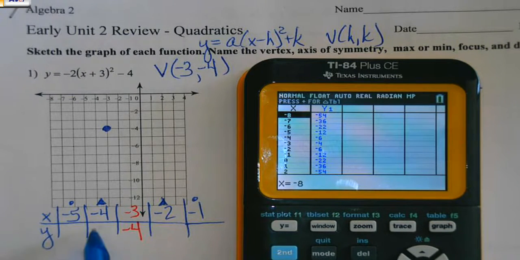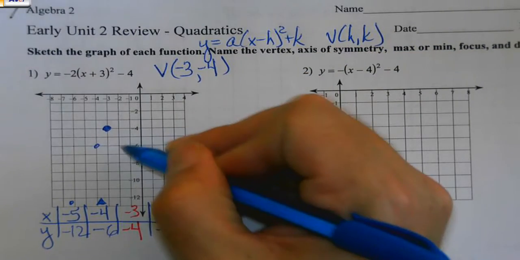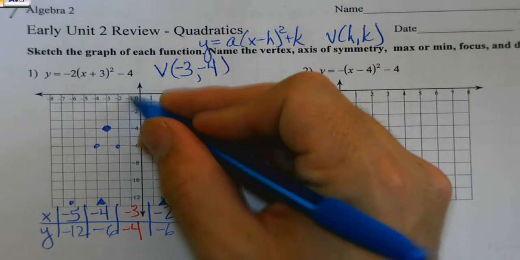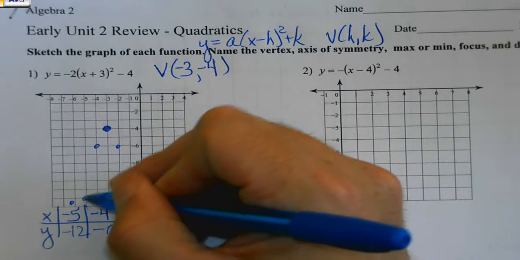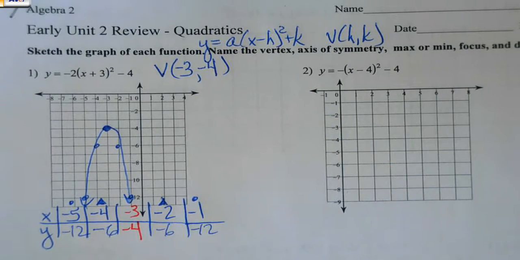And then basically jot those values in, plot my points, and I can draw that in.